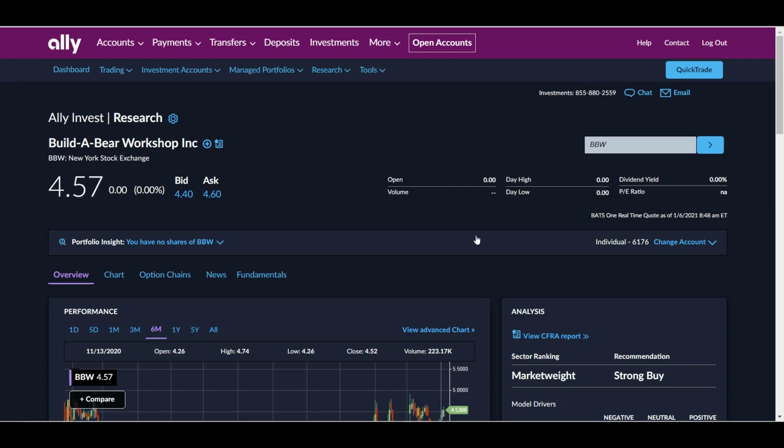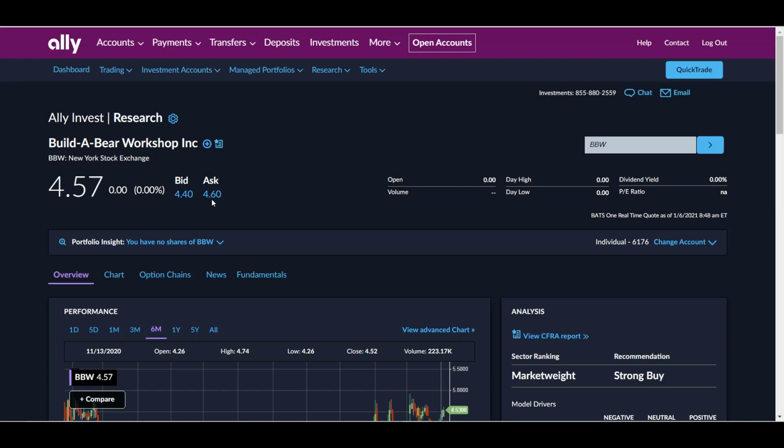So a market order generally will execute at or near the current bid for a sell order or ask for a buy order. So just always remember, if you wanted to buy this stock, even though it's trading for $4.57, they are saying you will pay $4.60.